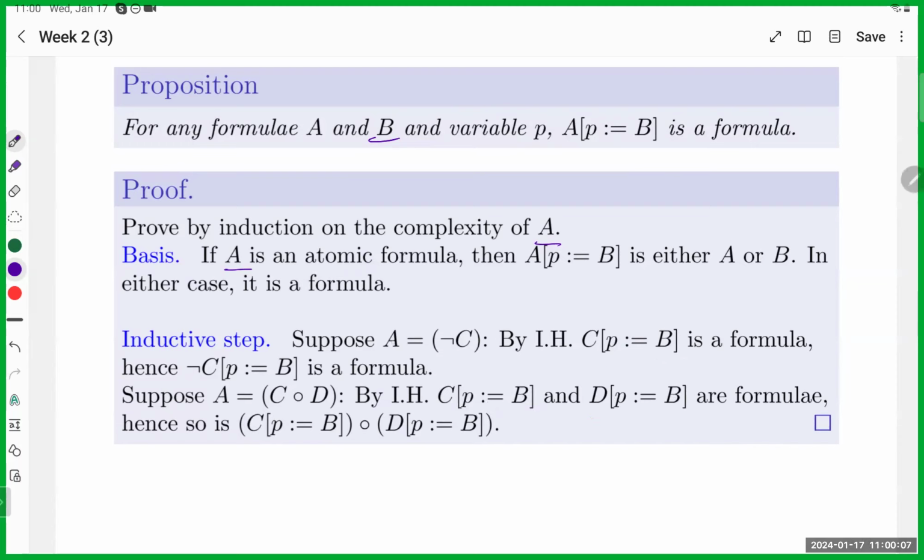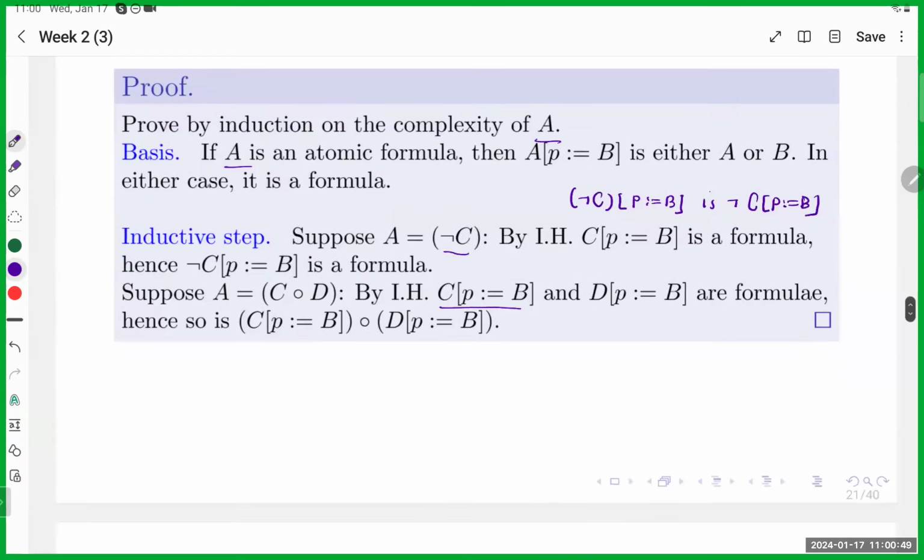Now you want to show that if A is the negation of C, the statement is true. We know the statement is true for C, meaning that we know this is a formula. We want to know that the substitution in the negation of C is a well-formed formula. But by definition, this is the negation of the substitution done in C. We know this is a formula, and the negation of a formula is a formula. So it's a well-formed formula.